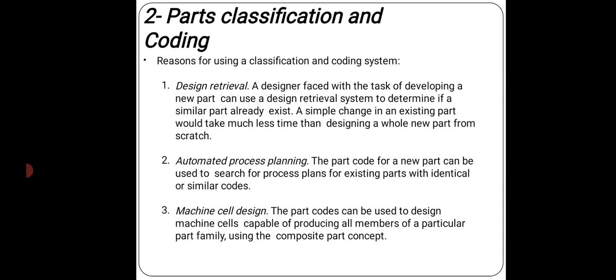Second, automatic process planning. The part code for a new part can be used to search for process plans for existing parts with identical or similar codes. Third one, machine cell design. The part code can be used to design machine cells capable of producing all members of a particular family using the composite part concept.